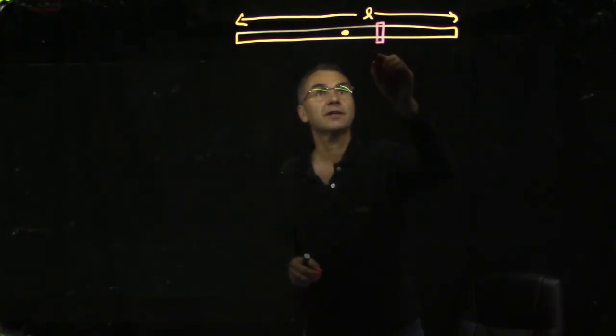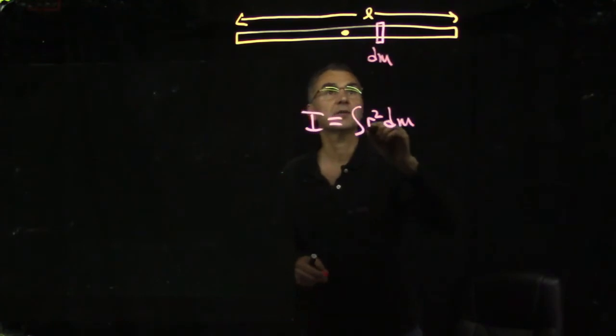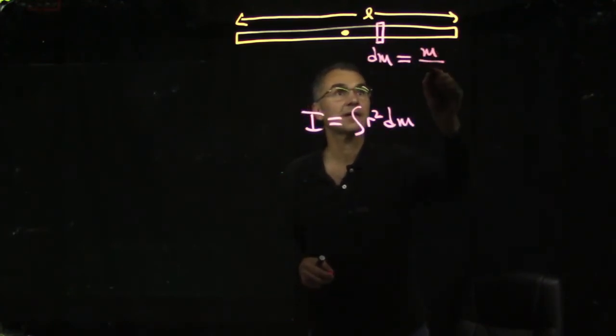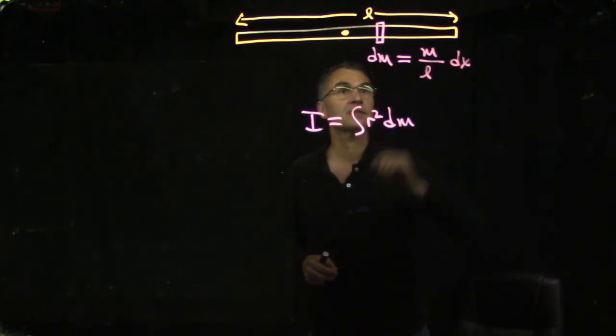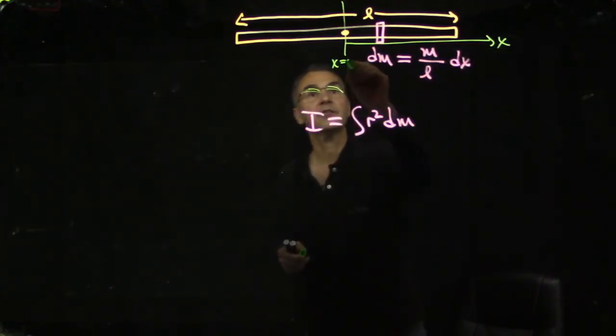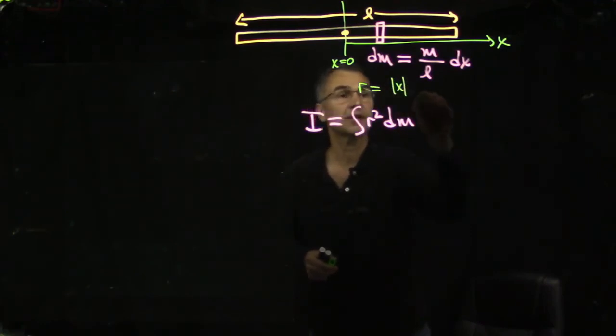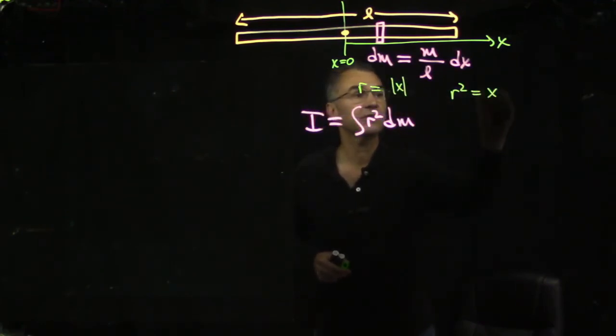By the way, if you're curious where that 1/12 ml squared comes from, we can take this rod and integrate. Say this is a chunk dm, and it's going to be the total mass divided by the total length times dx. We'll let our x-axis point this way, and here's x equals 0. Then the distance from the rotation axis is just the absolute value of x, so r squared is x squared.